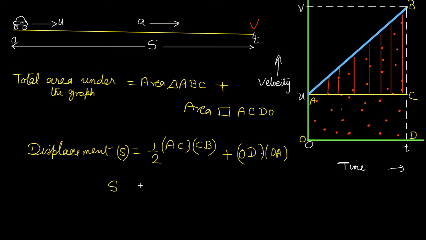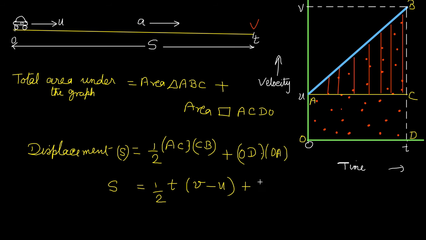or S equal to half into, what is AC? AC is the time taken T, and CB is DB minus DC. And we know DB is V, DC is U. So CB must be V minus U, plus the area of the rectangle, which is OD into OA.